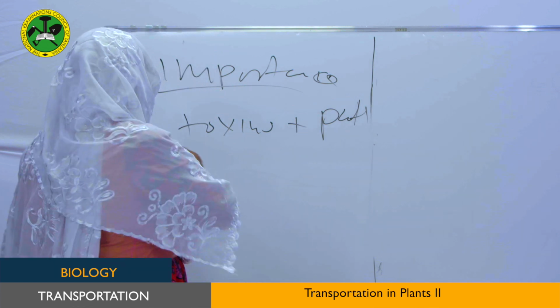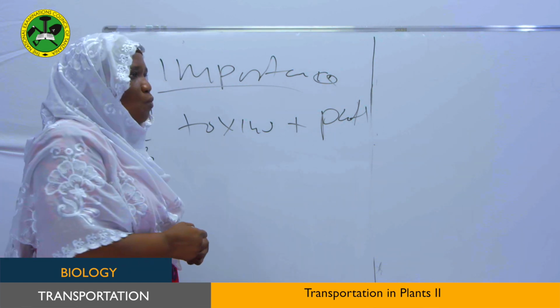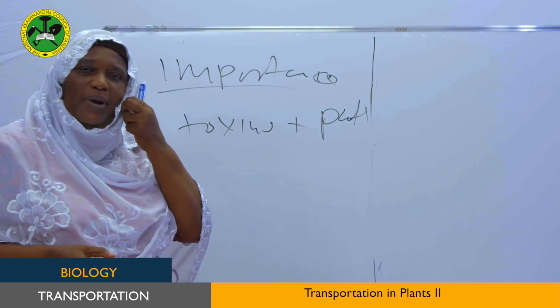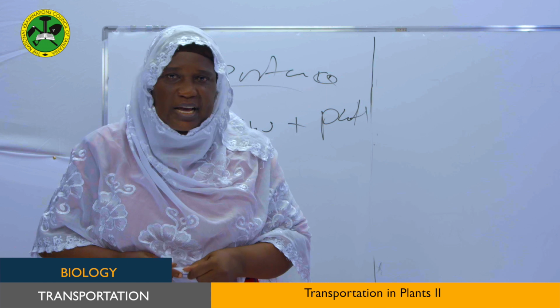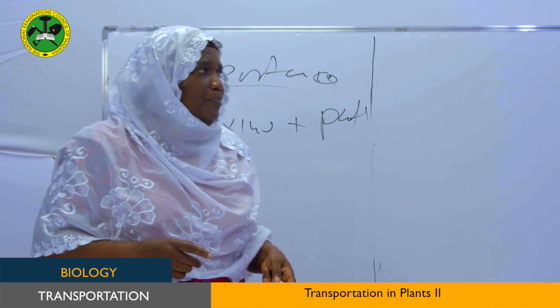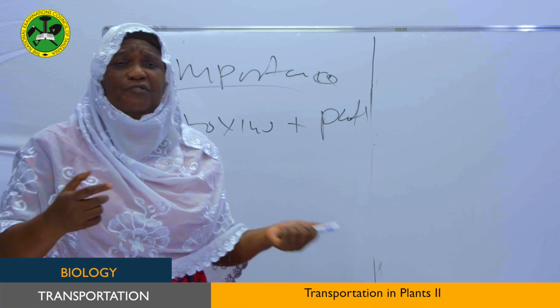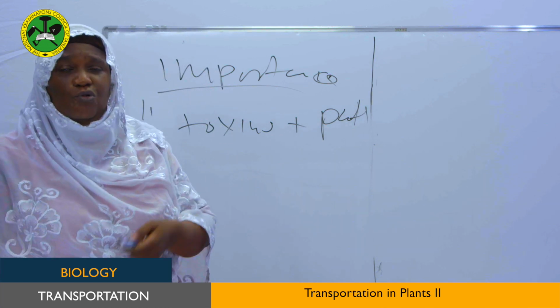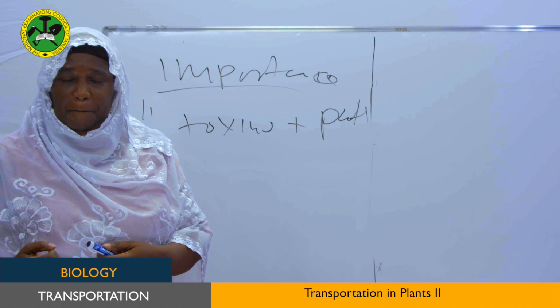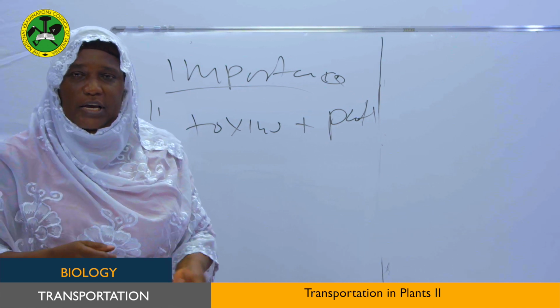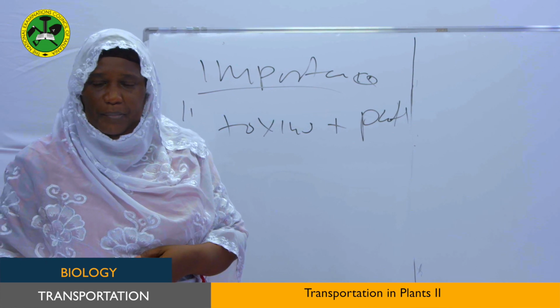Apart from that, when water and mineral salts are forced to enter the protoplasm of the endodermal cells, it enables active secretion of salts into the xylem vessels.